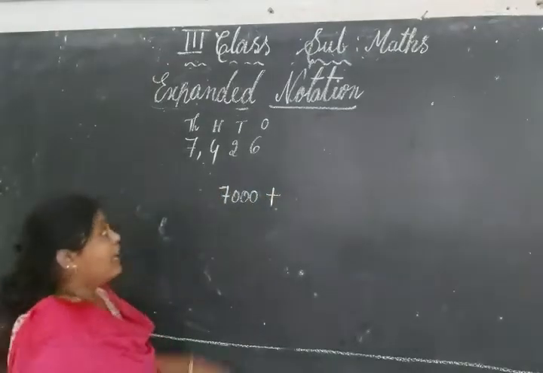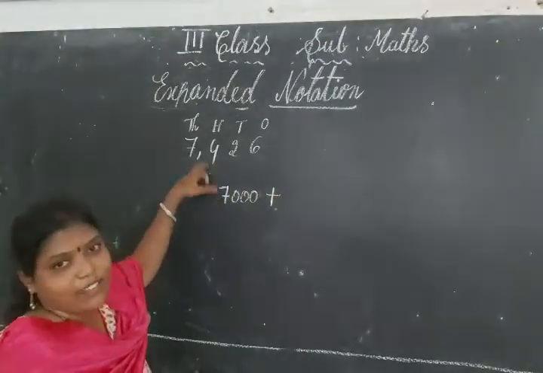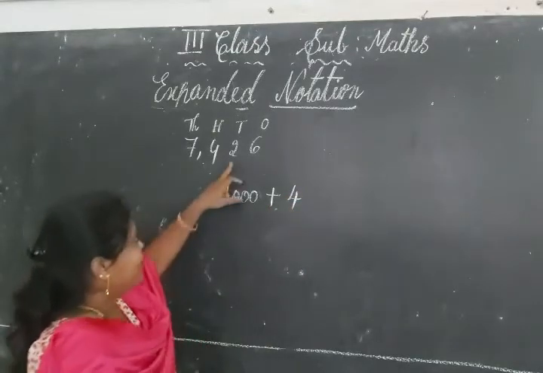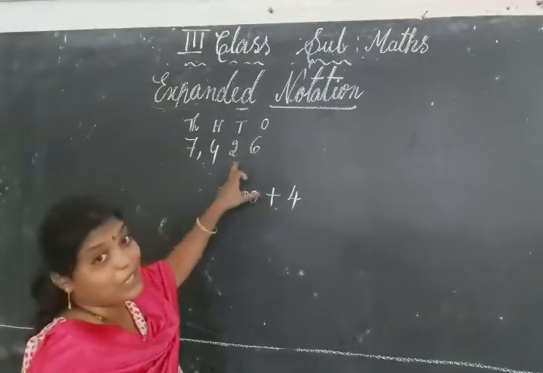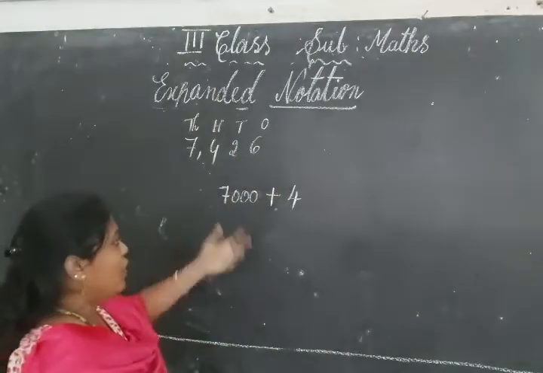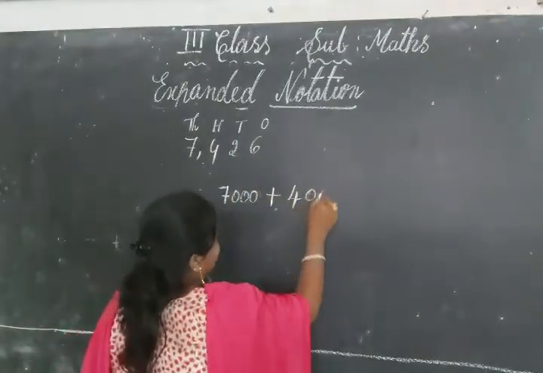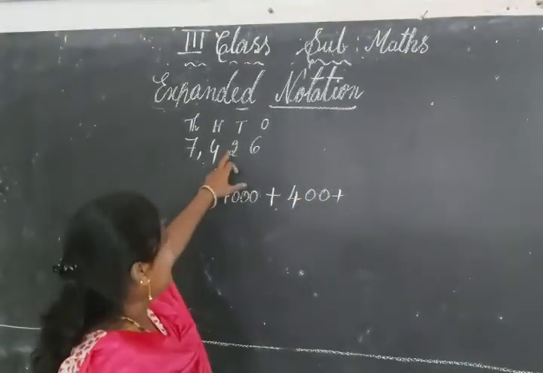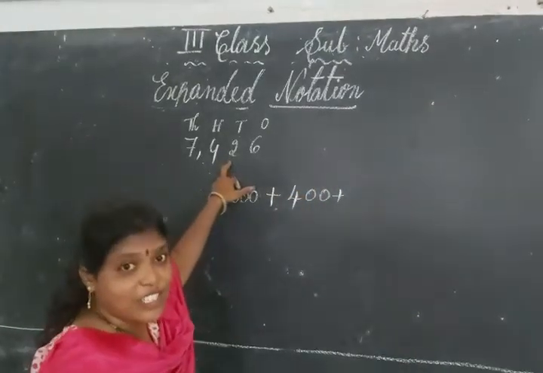Plus, what is the second digit? It is 4. And how many digits can you see after 4? That is 2. So write 2 zeros, that is 400, plus what is the third digit, children?